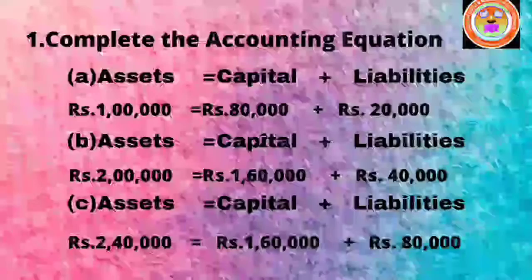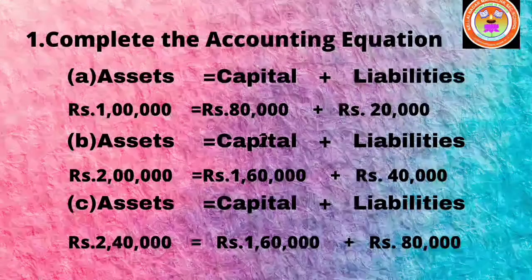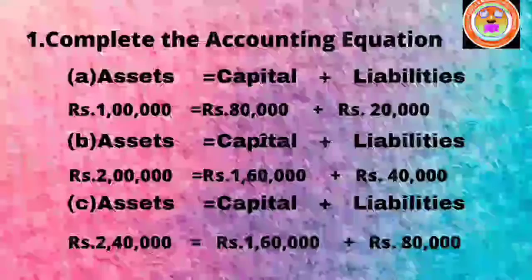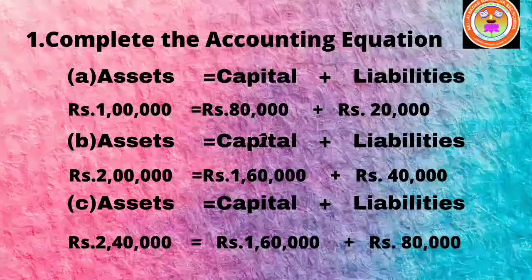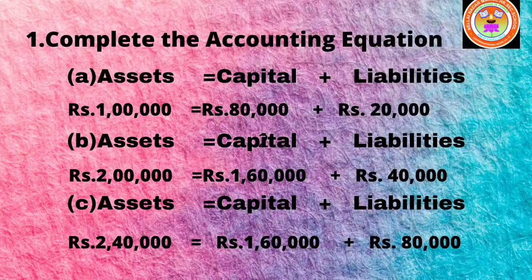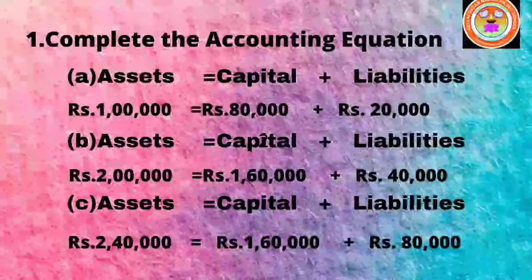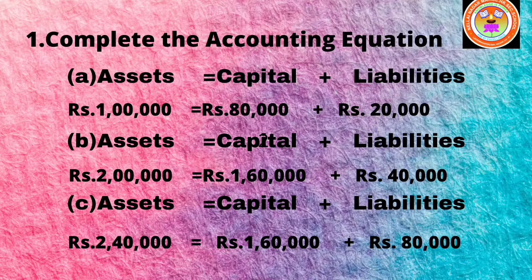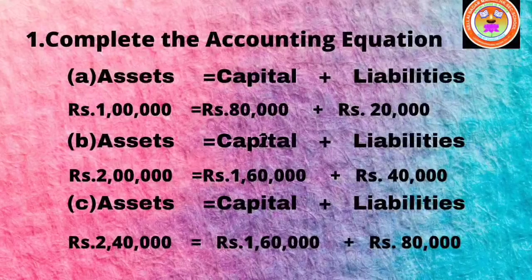Second subdivision: assets equals 2 lakhs. Capital is the missing figure. Liabilities is rupees 40,000. To find out the capital, we should subtract liabilities from assets.